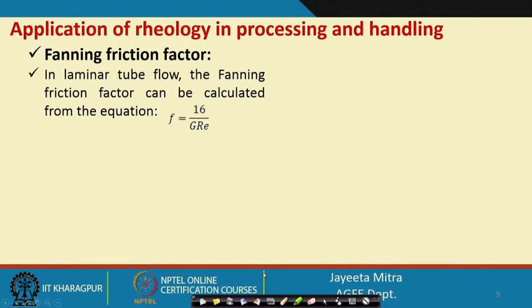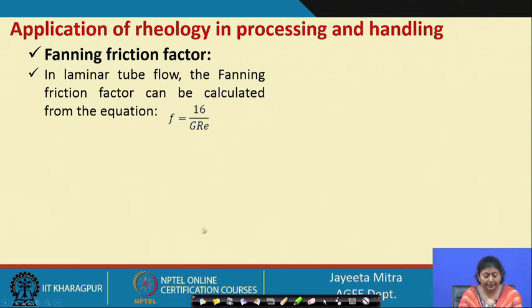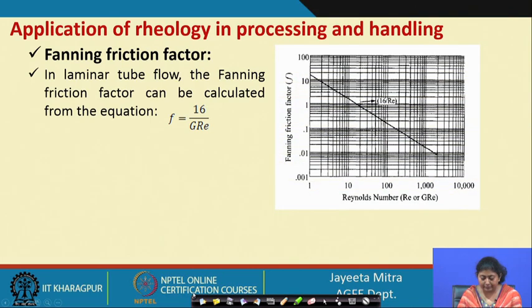The Fanning friction factor in the laminar flow case inside a tube can be calculated as 16 by GRE, that is the generalized Reynolds number. Normally we write f as 16 by NRE. Here in the case of non-Newtonian, it will be the generalized Reynolds number.